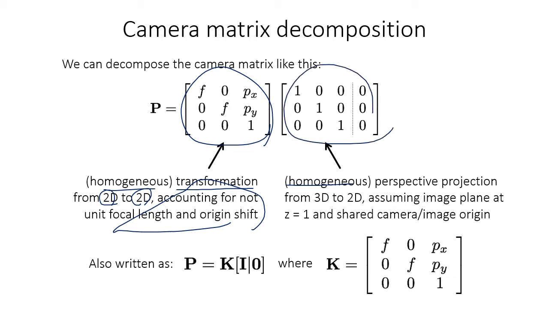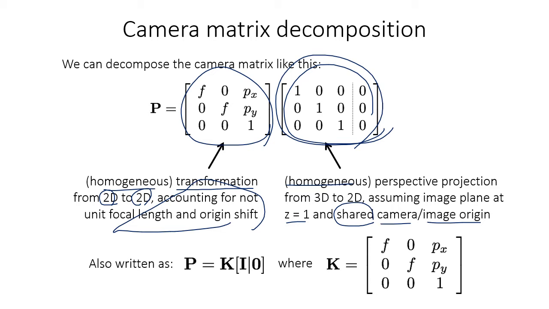And this is perspective projection from 3D to 3D, assuming the image plane at z equal to 0, and shared camera and image origin. We call this matrix the extrinsic matrix.